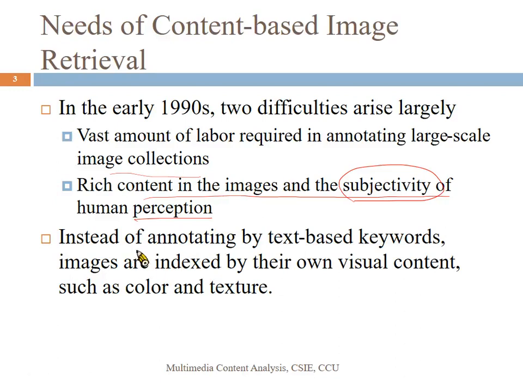So starting from the early 1990s, instead of annotating by text-based keywords, images are indexed by their own visual content, such as color and texture. So the idea of content-based image retrieval emerged starting from the early 1990s because researchers wanted to describe images by visual content rather than text-based information.